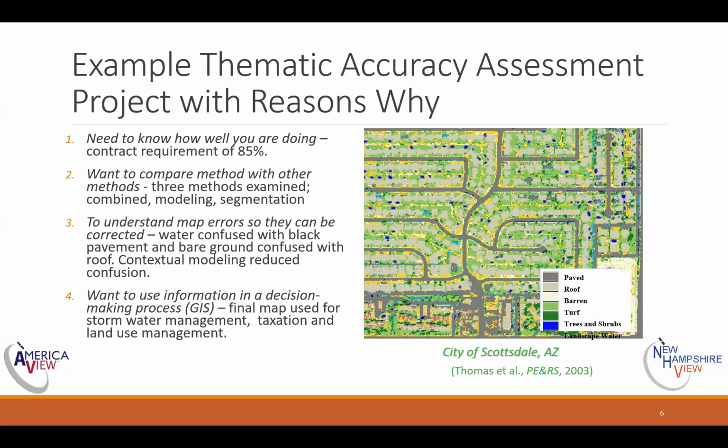We're going to do some sampling, and we're going to compare what the map says to what the reference says, right? And we assume that the reference data is correct, and there's a whole discussion we could have around that. And when we do that, each accuracy assessment sample site will have two components: the reference label, which is assumed to be correct, and the map label.